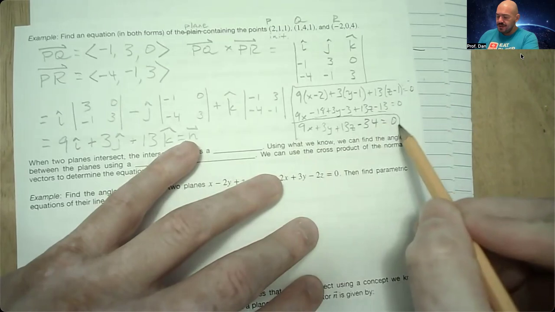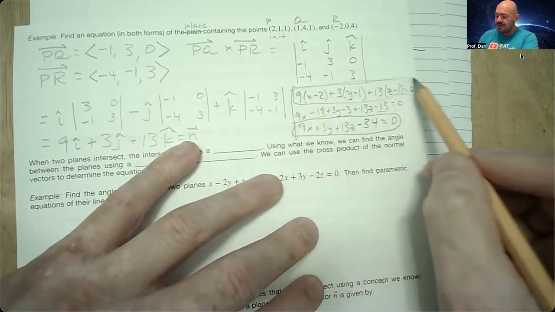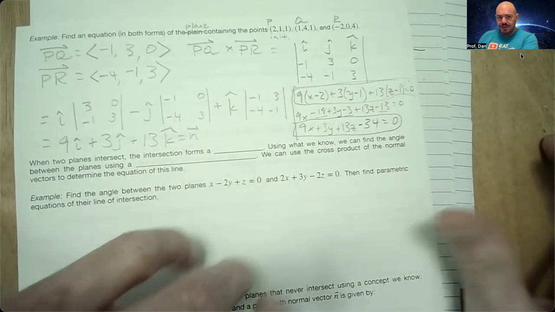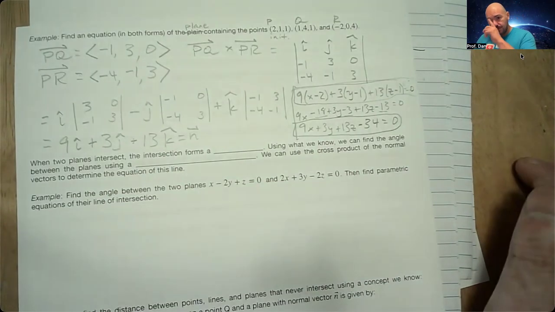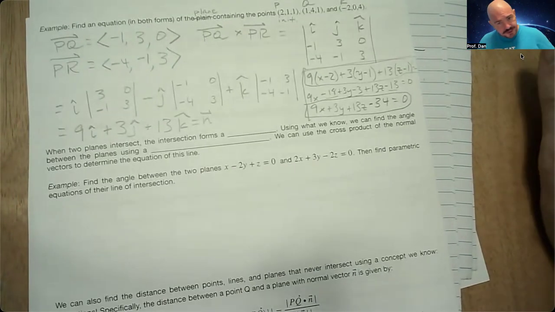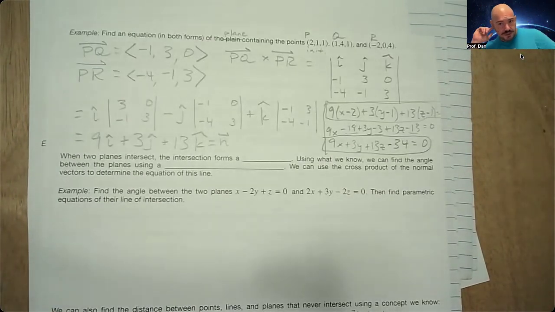So this is my general form. This first one was my standard form. And there we go. Now we know how to write the equation of a line using parametric or symmetric equations. And we know how to write the equation of a plane in both the standard form and the general form.